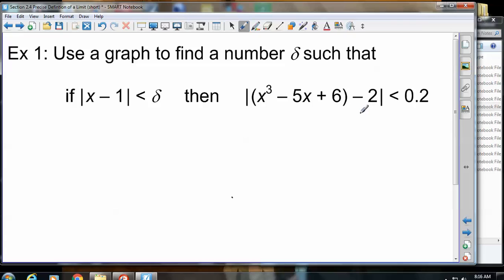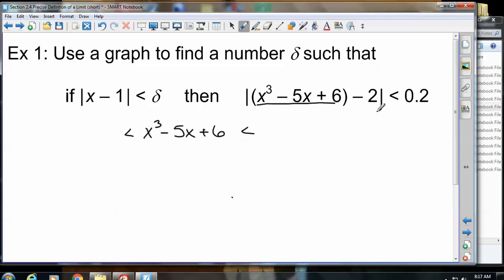Alright, so let's just talk about this function right here. I want to subtract 2 off this and do the absolute value and get something that falls within 0.2.